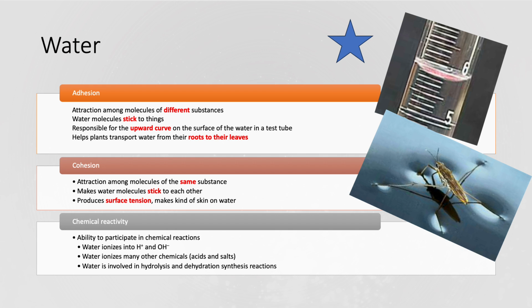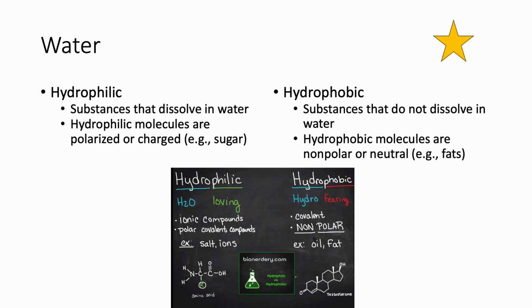And then we also have chemical reactivity, like you saw a second ago, which is the ability of water to be involved in different reactions, like breaking down ionic bonds. Because of water, we also have specific properties like hydrophilic versus hydrophobic.